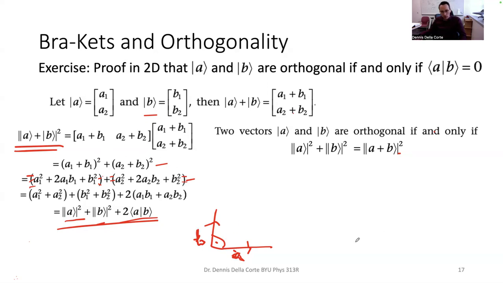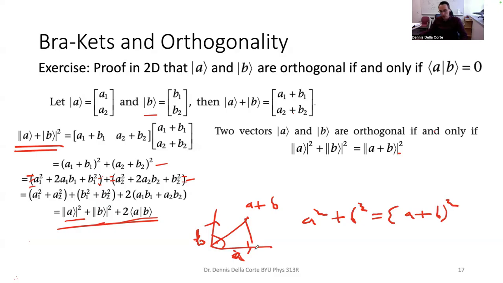Well, we saw before that the Pythagorean theorem would say that when these guys are 90 degrees, then they form a triangle where the long length here is A plus B. And if the Pythagorean theorem holds, then A square plus B square, wow, the pen is not working, is equal to A plus B square.